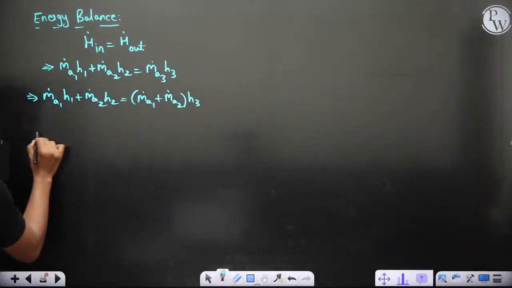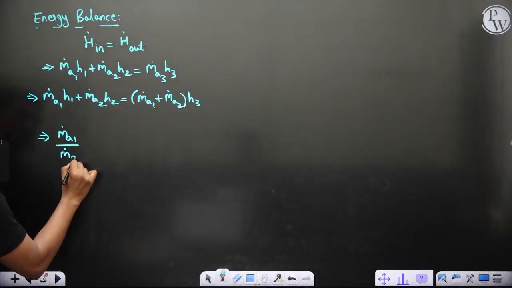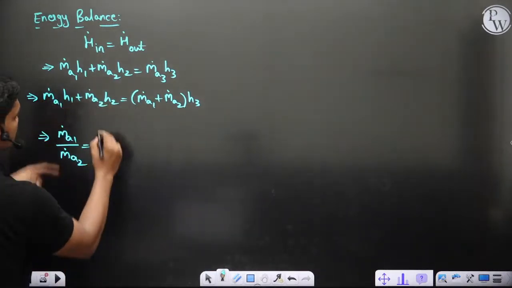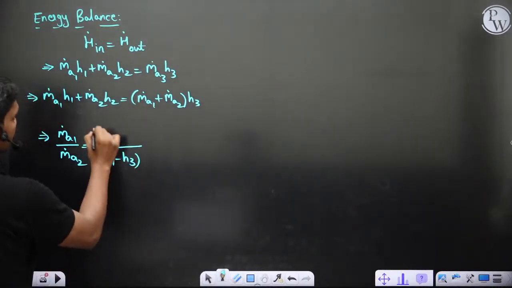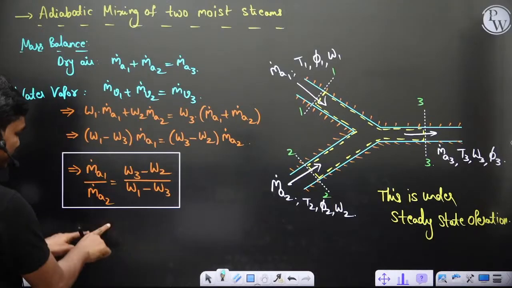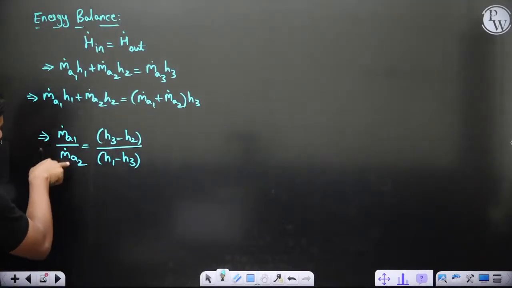If you again write the ratio of m dot a1 by m dot a2, you get m dot a1 times h1 minus h3 equal to m dot a2 times h3 minus h2. So from this equation, this is also a ratio of m dot a1 by m dot a2.